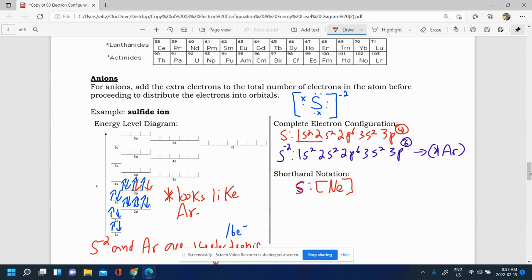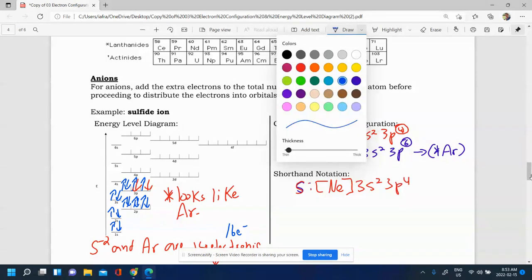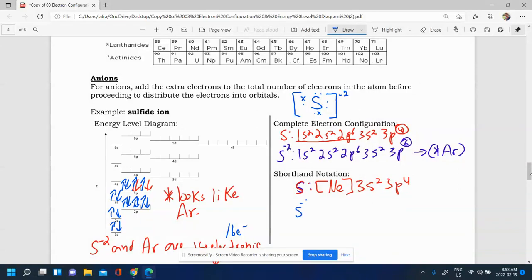So I'm just going to underline this here. That's where neon ends. So now I'm just going to replace this with 3s2, 3p4. And then for sulfide, on the other hand, you'll notice it's just argon. So it's simply Ar. And that is our electron configuration for the sulfide ion.